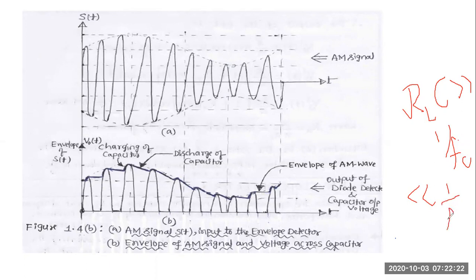If I consider a single tone, here anyhow we have drawn a single tone signal, it should be much less than 1 by Fm, or much less than 1 by W if we consider many tones in the message, or a band limited message. So what is 1 by Fm?